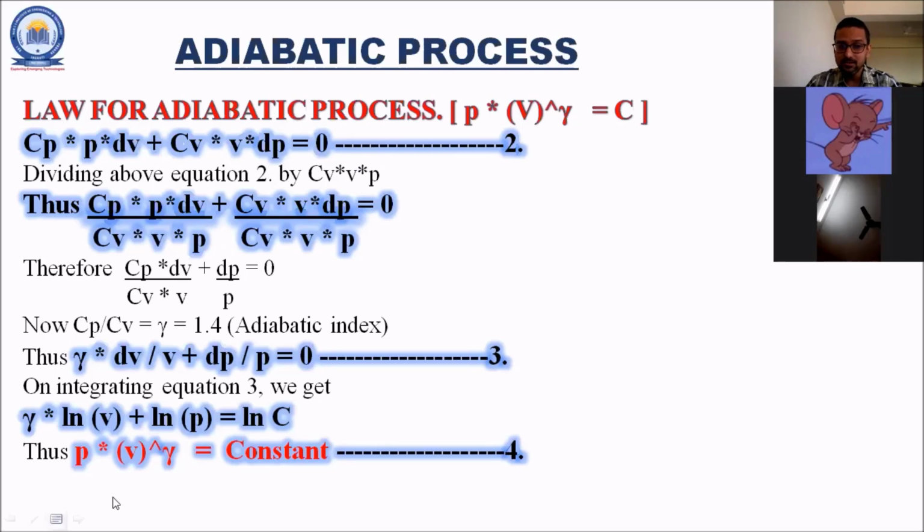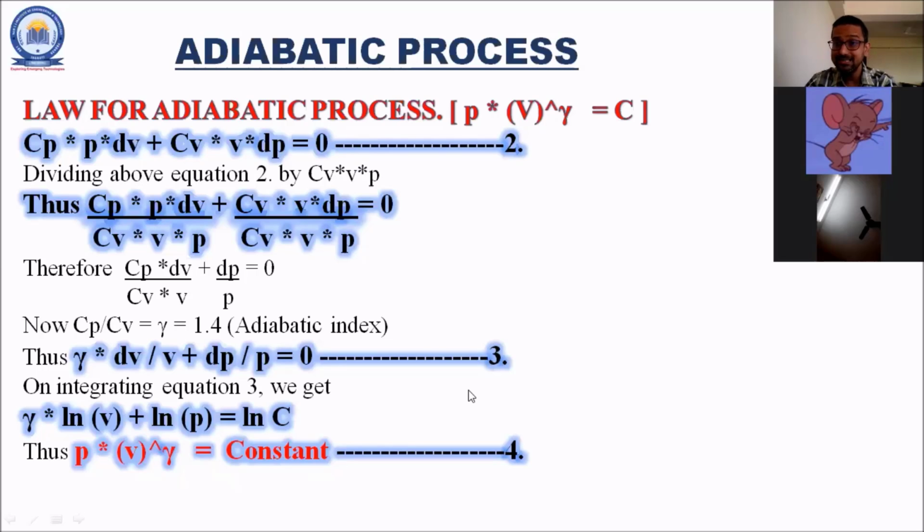Remember friends, in equation number 4, this small v which you are mentioning is the specific volume, small v. Do not write capital V here, otherwise the complete derivation will be wrong and you will be getting 0 marks. Remember, this is small v, that is the specific volume.